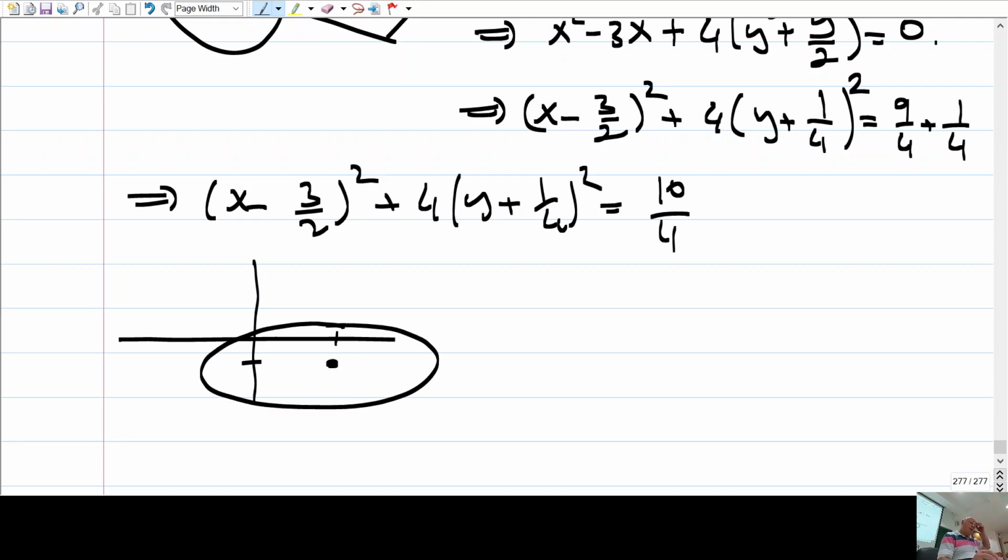And the points were 0, 0, 0. So this ellipse goes through this point. 0, 0, 0'dan geçiyor, değil mi? 0, 0 koyarsak 9 bölü 4. Evet. Şu noktadan geçiyormuş yani. Şöyle bir şey o zaman.